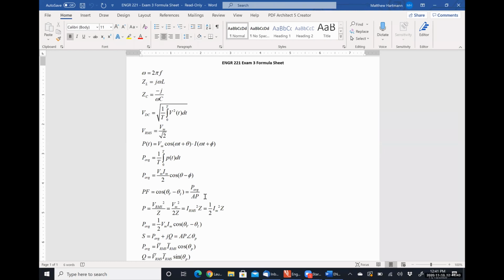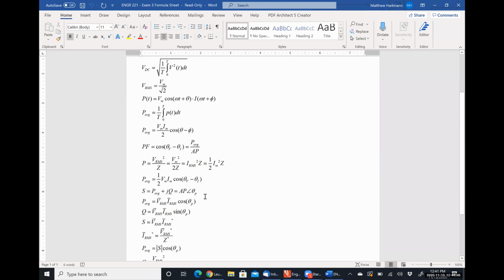All that kind of stuff. Average power is the RMS voltage squared divided by the impedance, which I think would be just the real part of the impedance.